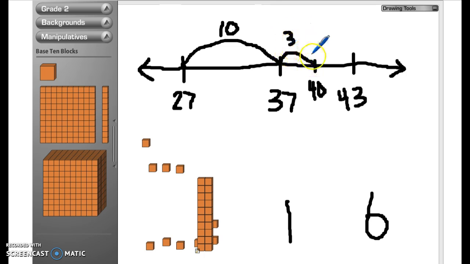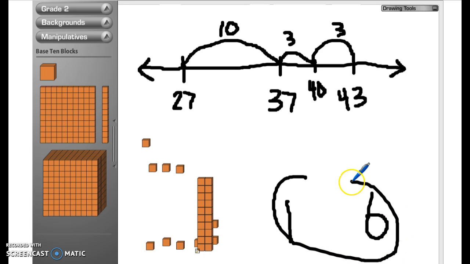And I know going from 40 to 43 is 3. So if I have 3 and 3, which is 6, and 10 and 6 gives me the same answer I got before, which is 16. So that's another way that we can find the difference between 27 and 43.